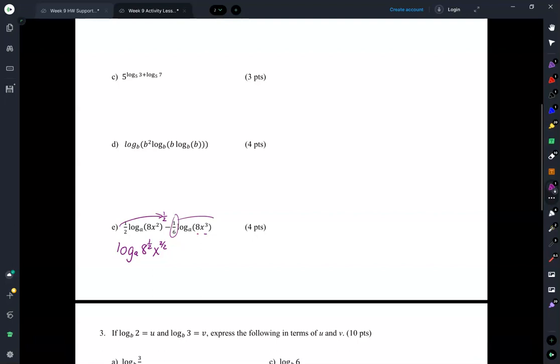And then once you split those apart, you're going to have a subtraction, so you can use your difference to quotient property and then simplify inside. And this one, you will not get just a one number answer. You'll get an expression for that one. Okay, so that's a little bit different there.